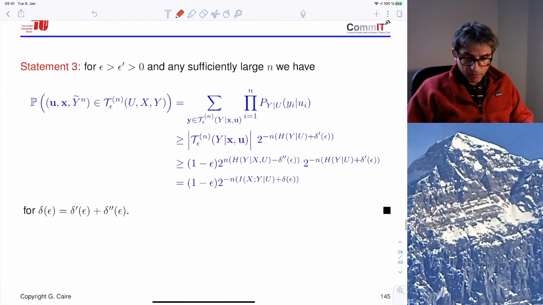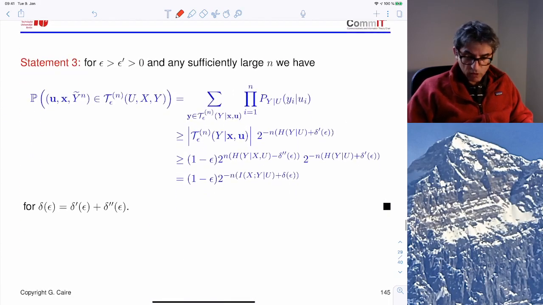Now for statement number 3, we pick epsilon and epsilon prime in this way. And then what happens?